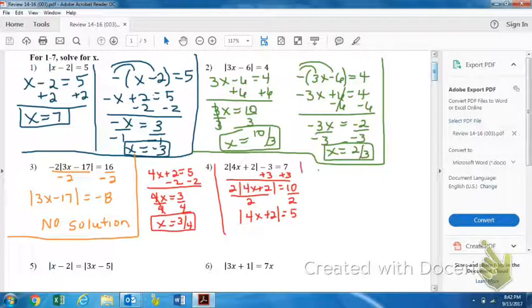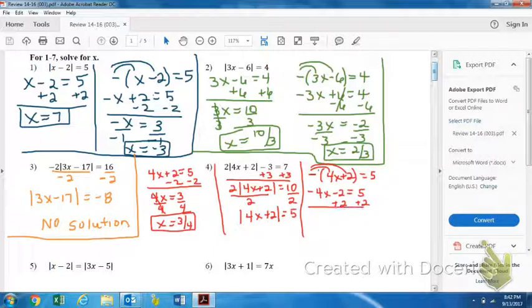And I'm going to go to the other side and write the negative. So it's negative parentheses 4x plus 2 equals 5. And I'm going to distribute the negative to both terms, and so that's negative 4x minus 2 equals 5.